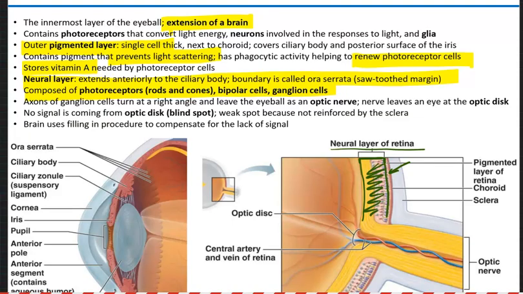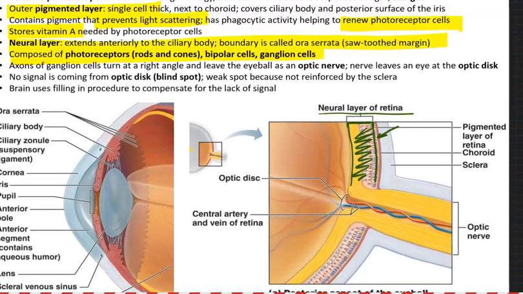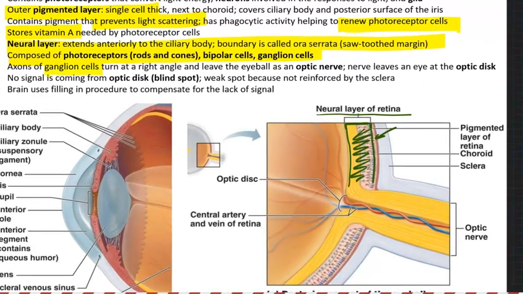Now, eventually the axons, or so-called ganglion cells, will form an optic nerve. Now, a quick question. This area, does it have any traces of a retina?